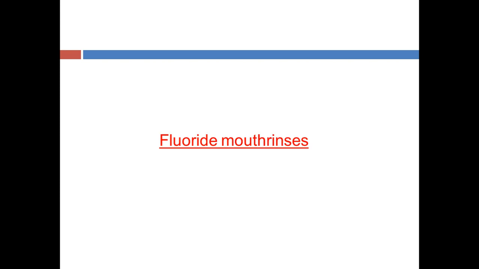Then come the fluoride mouth rinses. These fluoride mouth rinses are adjuncts to the dentifrices for caries control and prevention, and they provide almost 30 to 35% reduction in dental caries. They are a home care aid for individuals, and they can also be given as a part of school-based programs.